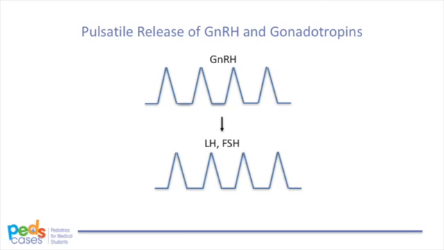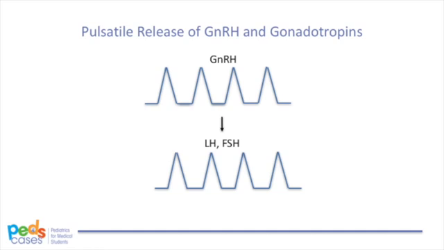Now, it is important to recognize that the hypothalamic neurons that secrete GnRH have an intrinsic pulse-generating capacity. GnRH is released in an alternating up and down, or a pulsatile, pattern. One GnRH pulse produces one corresponding pulse in the secretion of gonadotropin, so LH and FSH are released from the anterior pituitary in the same pattern.